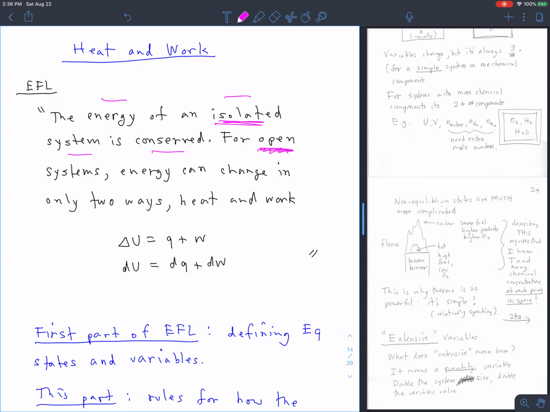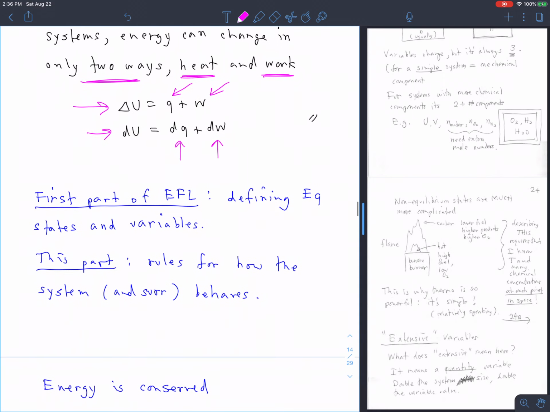But if the system is open, then the energy can change, but it can only change in 2 ways, either by heat or by work. So the change in the energy of the system is equal to a heat change plus a work change, or if it's a small energy change, then a small heat change and a small work change.